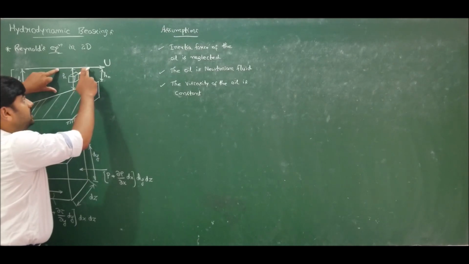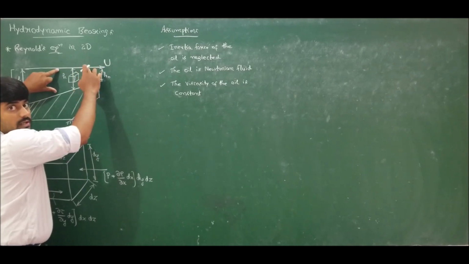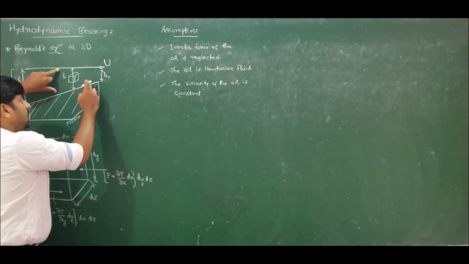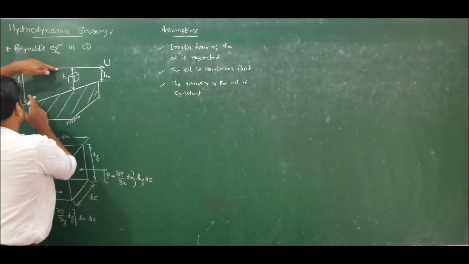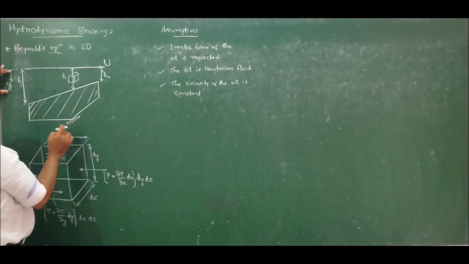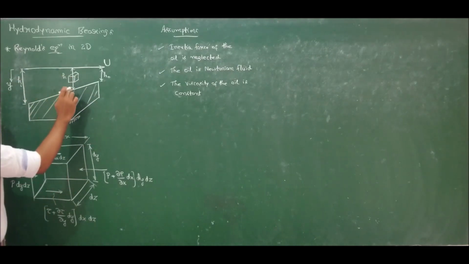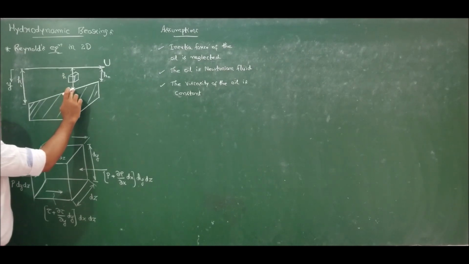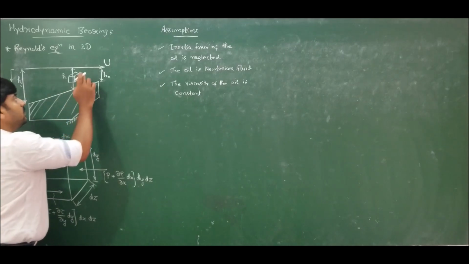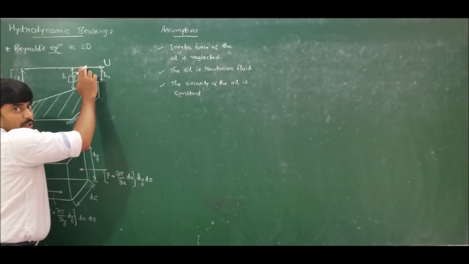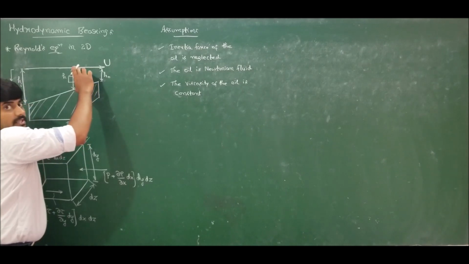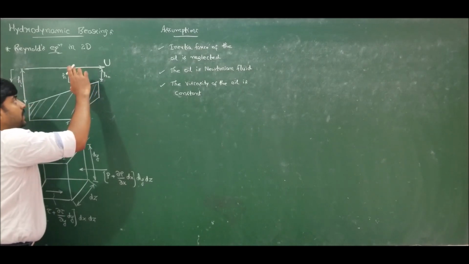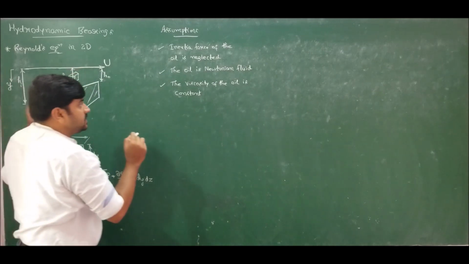This is journal and this is bearing, so here also there is no slip. At y equal to h, at this surface, there is no slip. Therefore, the velocity of the fluid film adhering to the bottom surface will be 0, and at the top surface it will be u. This is based on the assumption of no slip between the lubricant oil and the bearing surface.